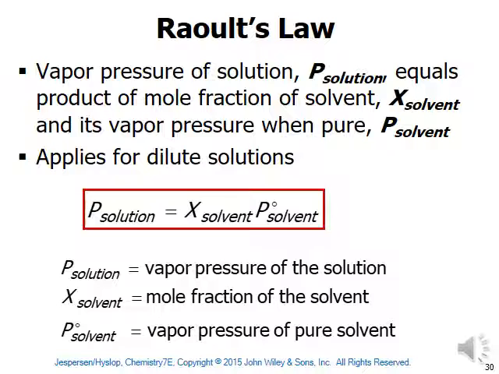So when you have pure solvent, the mole fraction is 1 for the solvent. But if you add a solute to it, the mole fraction of solvent goes down. If this becomes a fraction like 0.5 times the initial vapor pressure, the final vapor pressure will go down. By decreasing the relative amount of solvent, we decrease its vapor pressure as well.